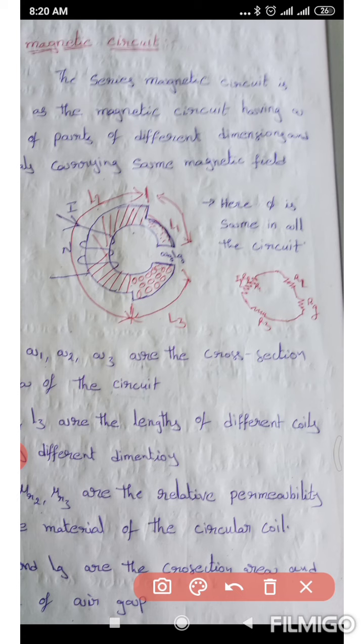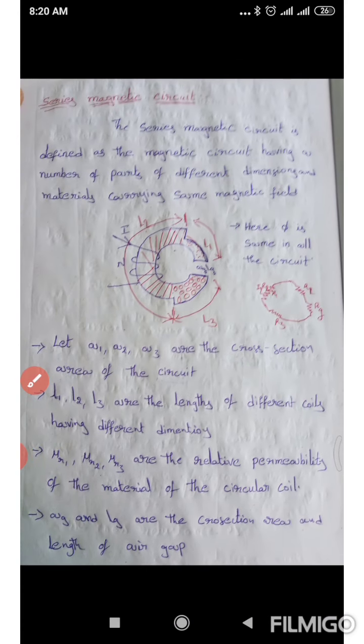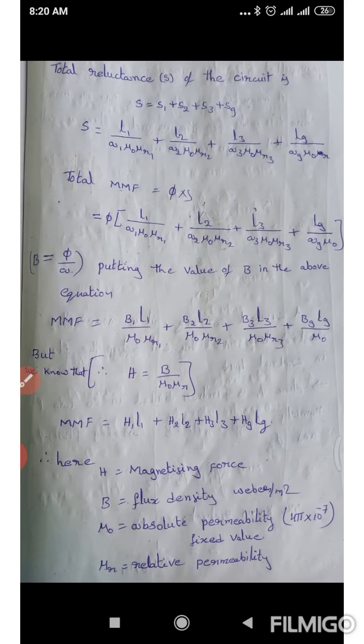So here the same flux is flowing through all the elements. Now we have to find out the total field intensity.